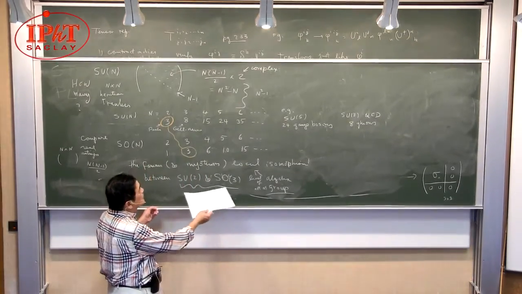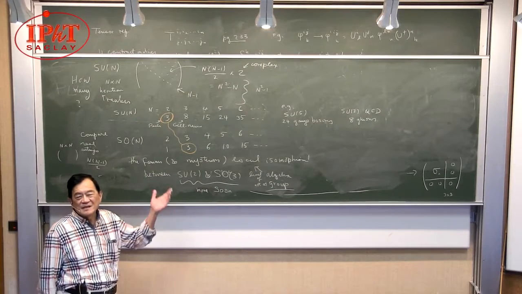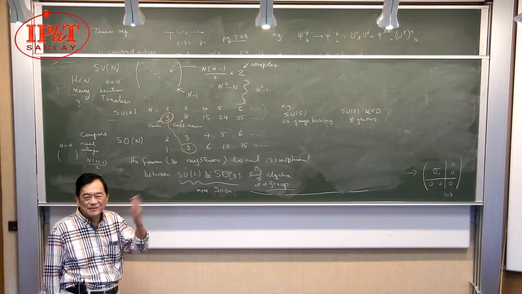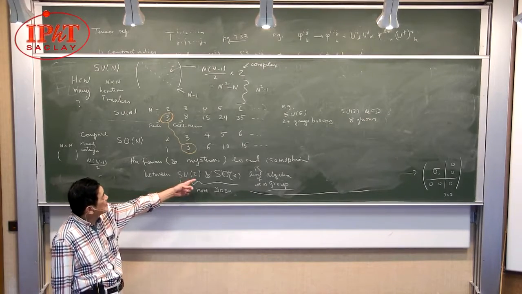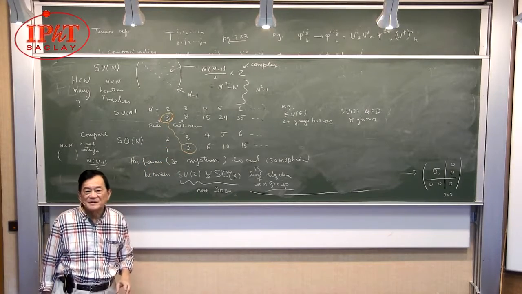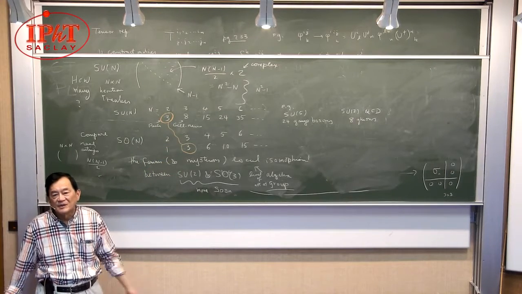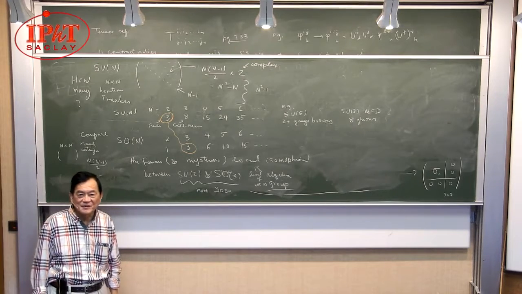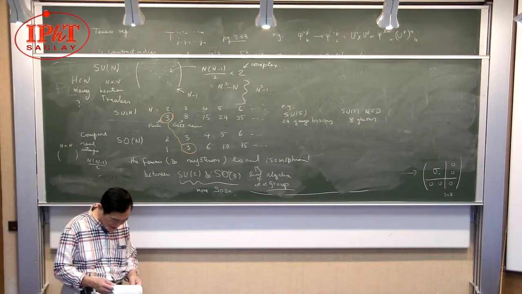So the proof of this, you can just give a very quick heuristic, hand-waving proof: these are two Lie algebras, and both have three generators. And there are only so many simple Lie algebras, so they must be isomorphic.